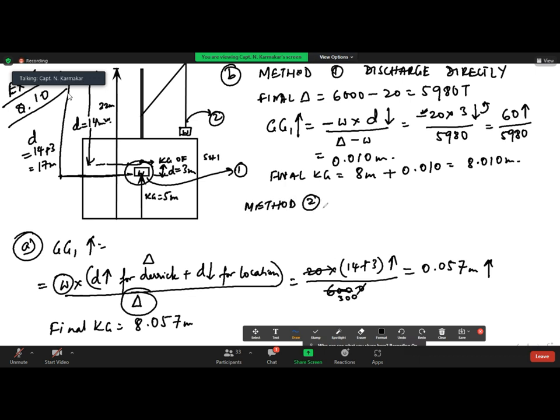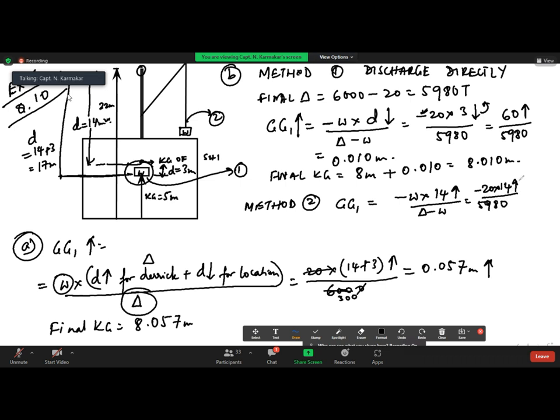In method 2, my KG of the weight is right at the top. This one is the KG of the weight. W into D, so W remains the same. GG1 is equal to minus W into D upwards, 14 meters upward, divided by displacement minus W. So I have minus 20 into 14 upwards divided by 5,980.